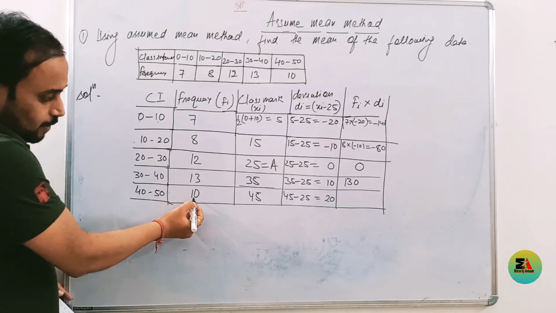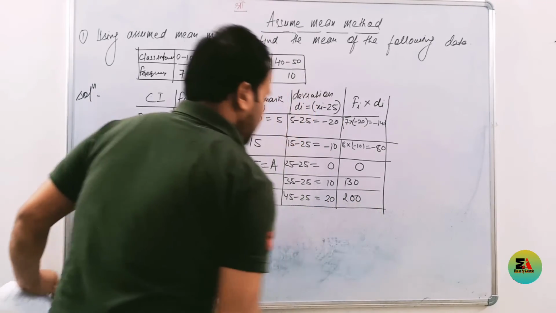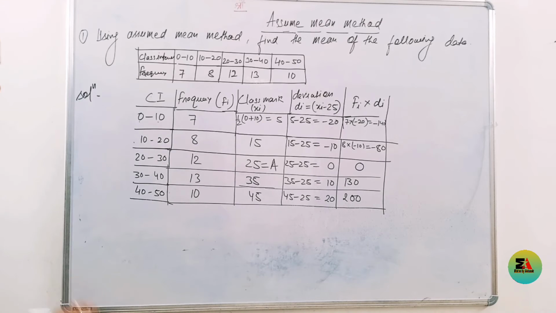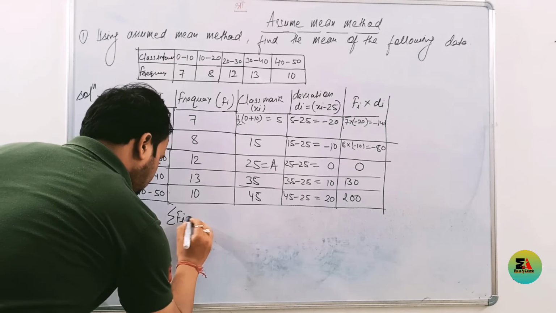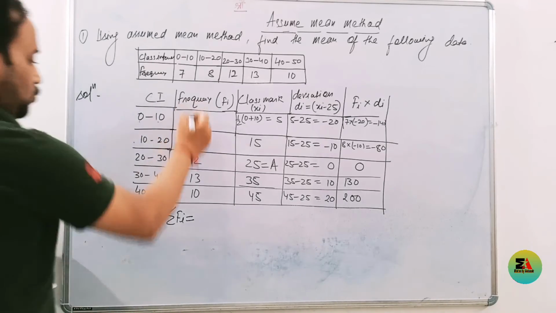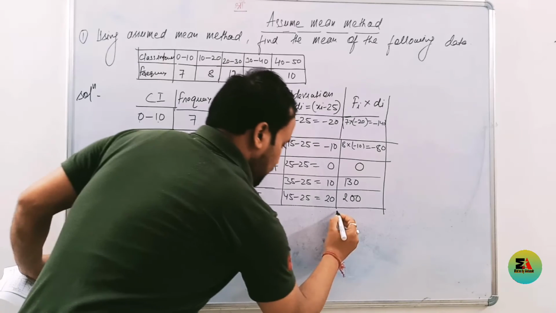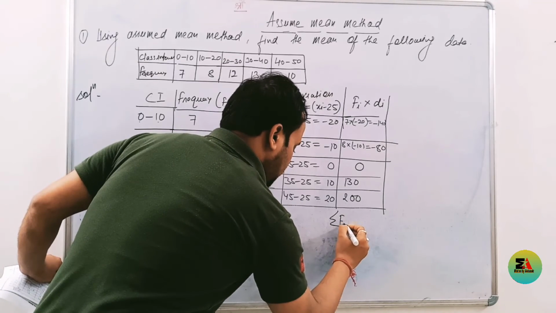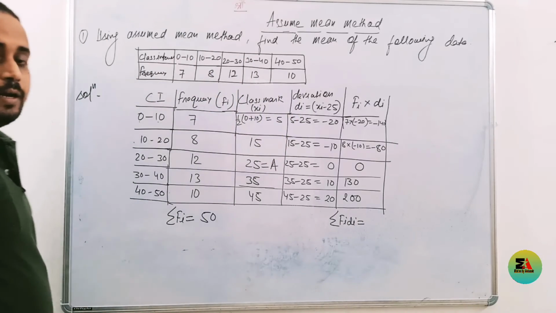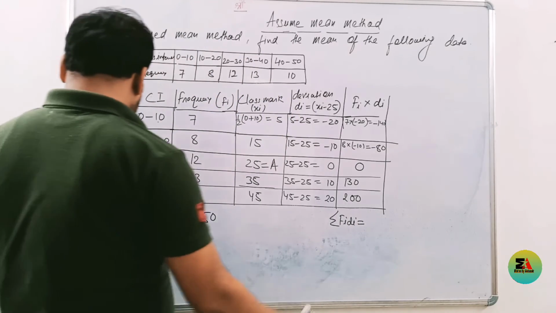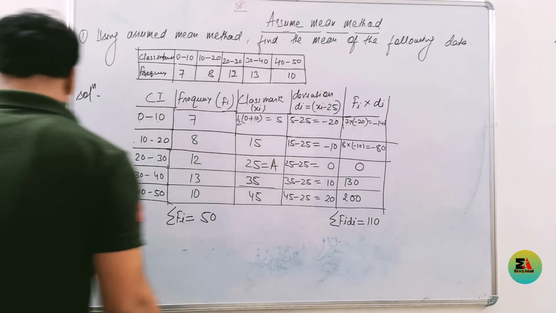Clear? Now next one, 10 into 20 becomes 200. I hope up to this stage is clear to you. Now next, we have to find the summation of fi. You add all these, you get 50. And the last one is we have to find the summation of fi di. Clear? You add all these, you get 110.